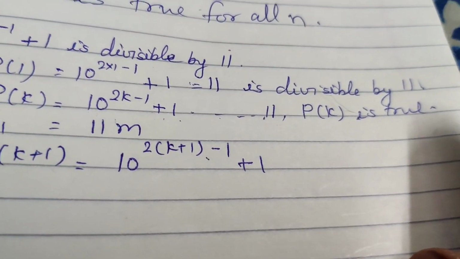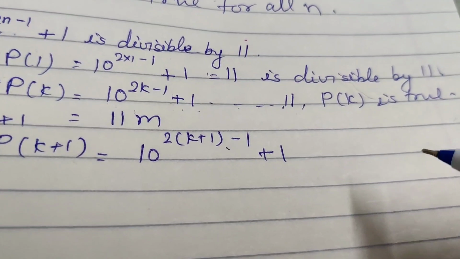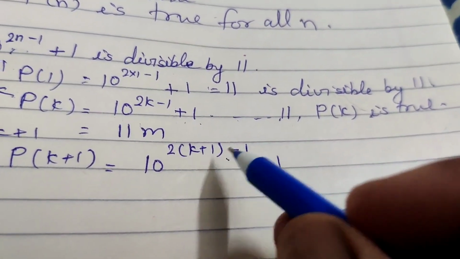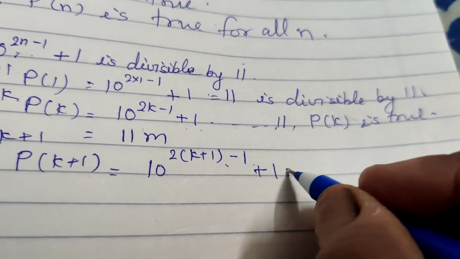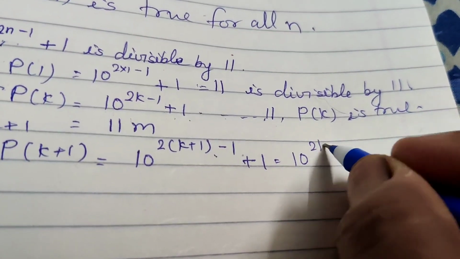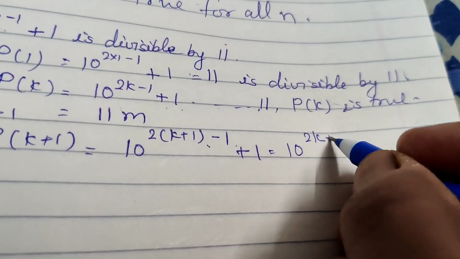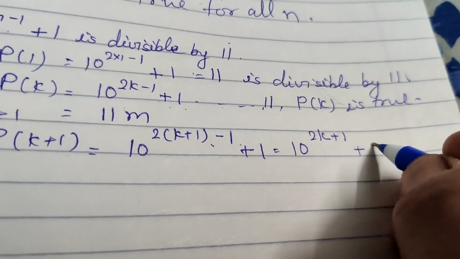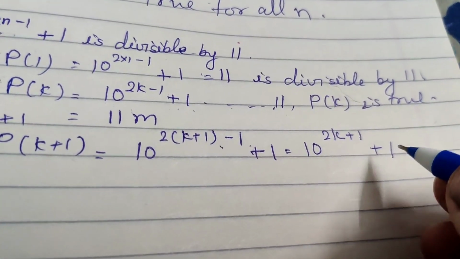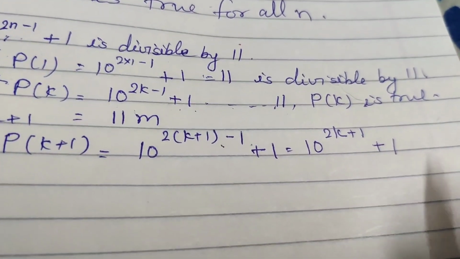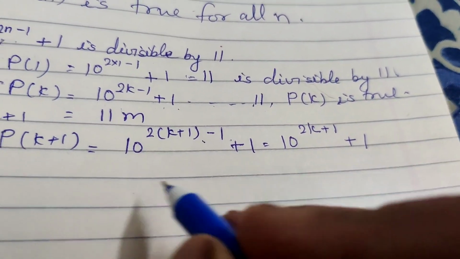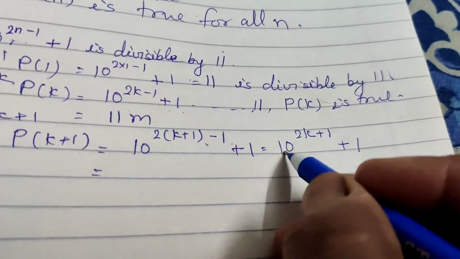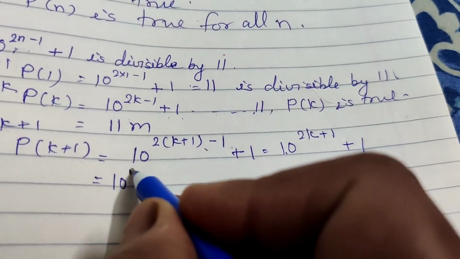Okay, so we can write this in the form of 2k plus 2 minus 1. It means 10 raised to power 2k plus 2. It means 2k plus 1 plus 1. Now adding and subtracting 1. Okay, see how. First take 10 raised to power 2 common.